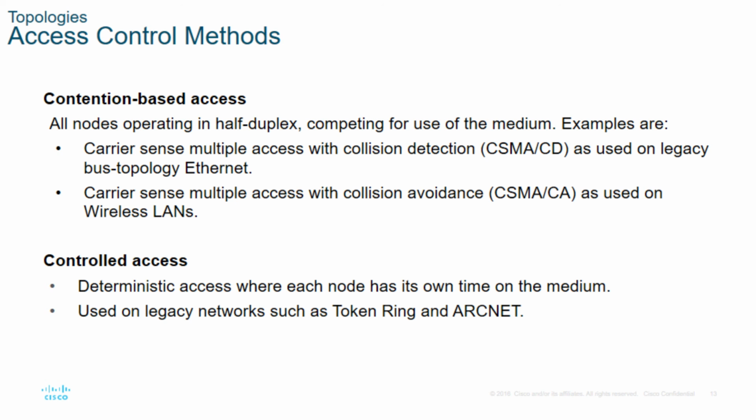And in controlled access, each node has its own time to use the medium. These deterministic types of legacy networks are inefficient because a device must wait its turn to access the medium. Examples of this type are legacy token ring and legacy ARCNET.